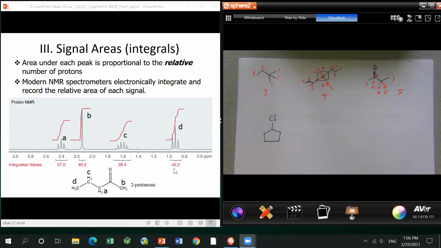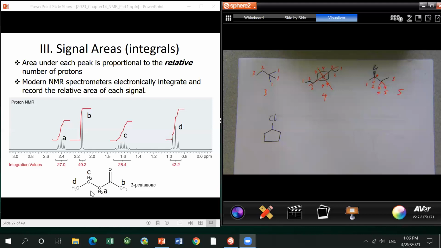This number indicates the area of this peak, this signal, and the area is proportional to the relative number of protons. For example, look at 2-pentanol: there's no symmetry, so all four signals show four different kinds of proton signals.